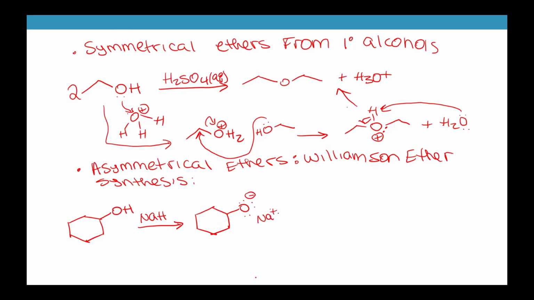We can put the Na+ just to balance the reaction, although usually I'm going to leave it out. And then now that we have our alkoxide in high concentration, we add an alkyl halide. And through an SN2, through a substitution, we make our asymmetric ether.